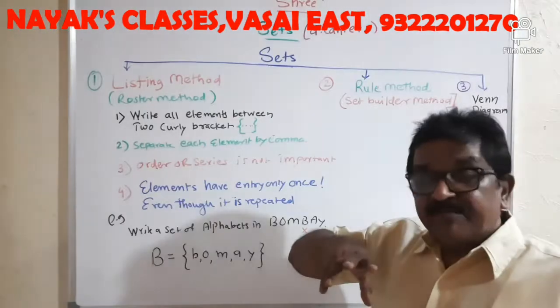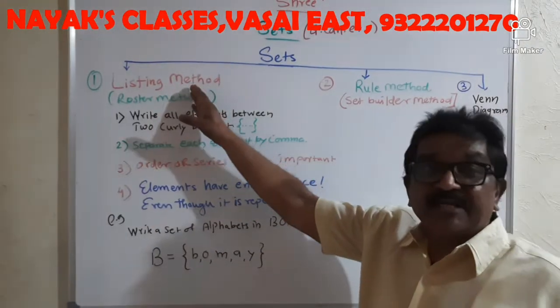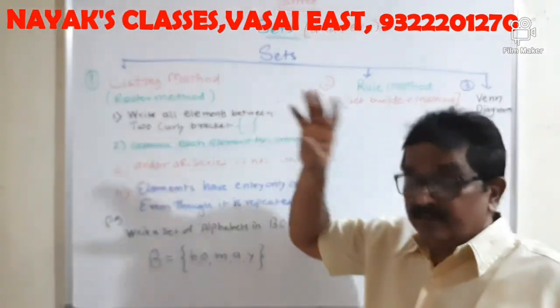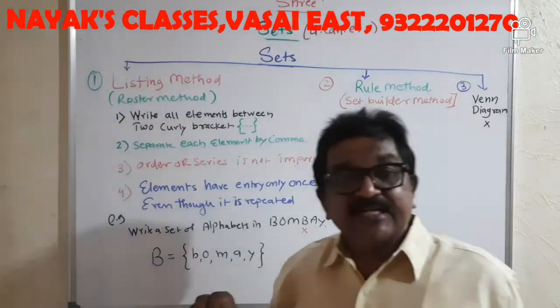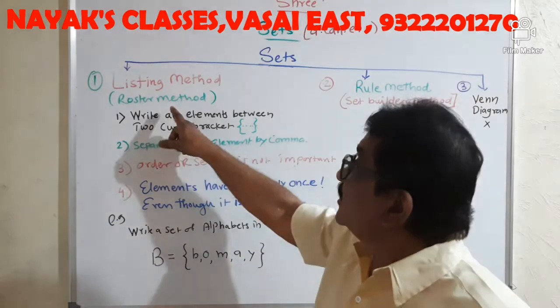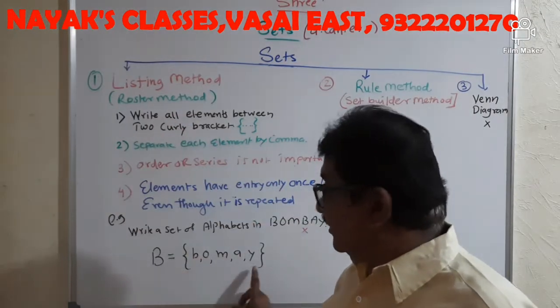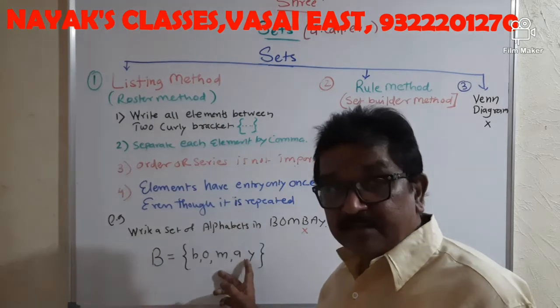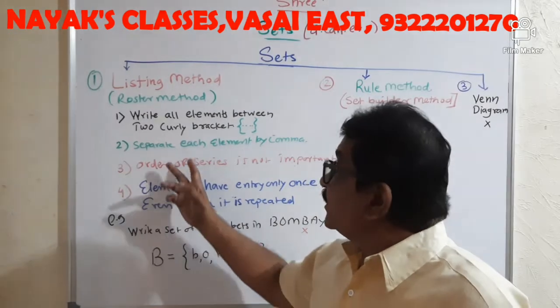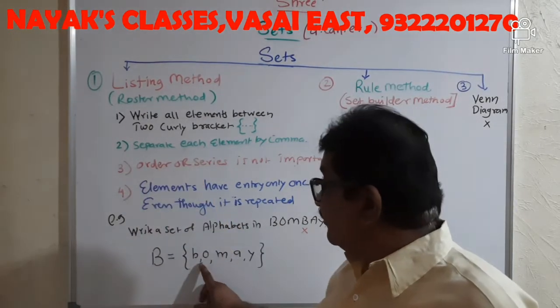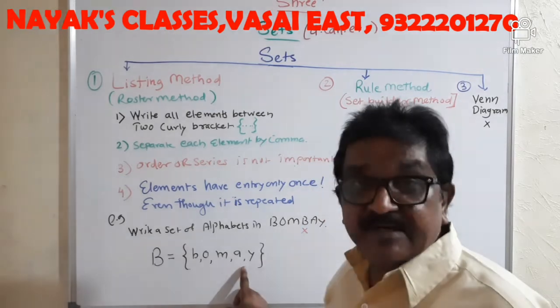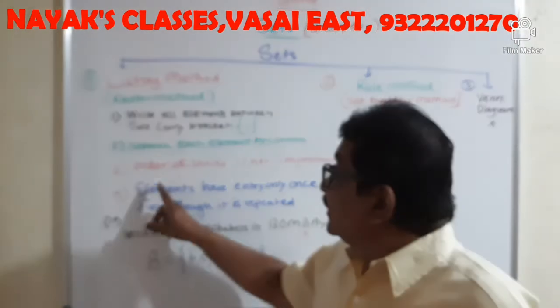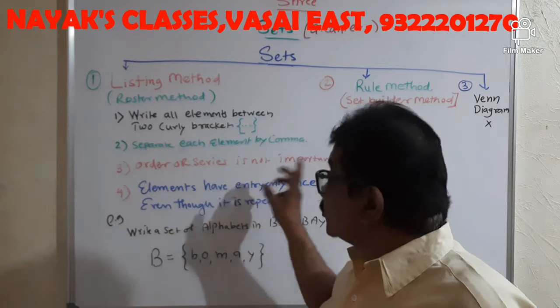So once again I am repeating how to write a set by the listing method. Write all the elements in the curly brackets. Separate each element by a comma. Order or series is not important.